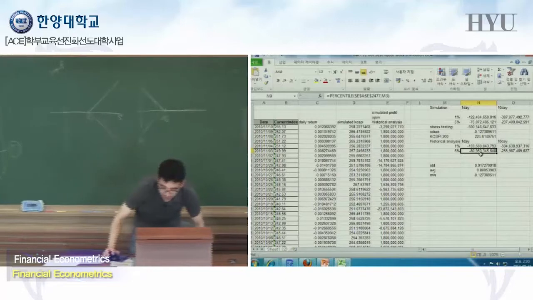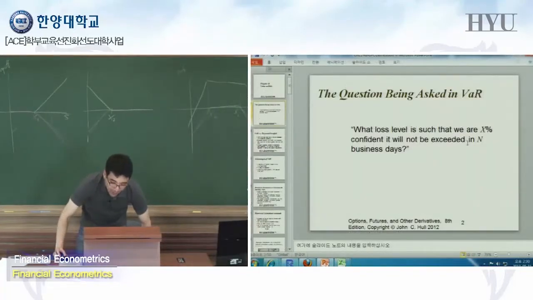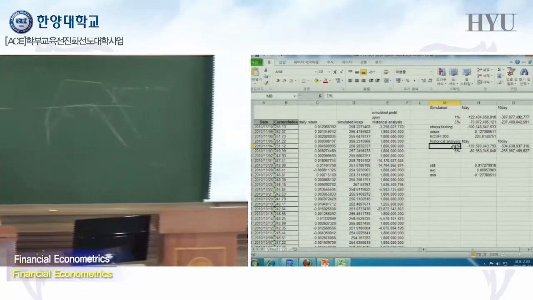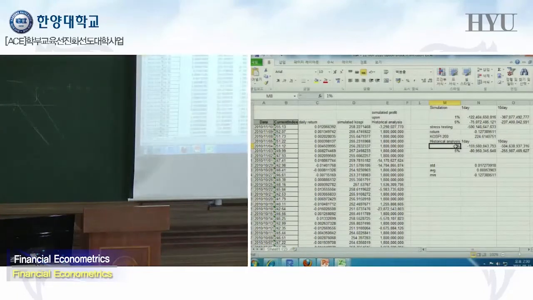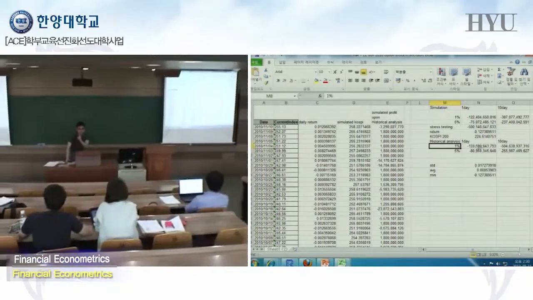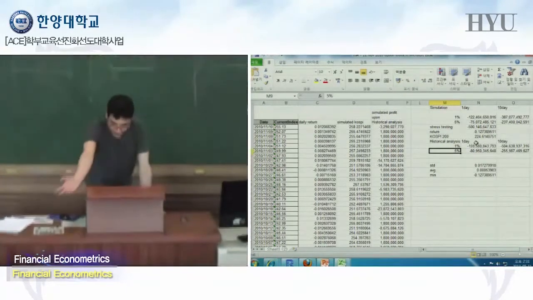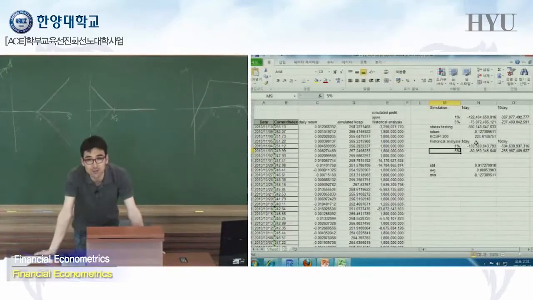So if we believe this historical simulation, I am 99% confident that my loss will not exceed this value in 1 day, and I am 95% confident that my loss will not exceed this other value from today to the next day. Okay, it makes sense, right?